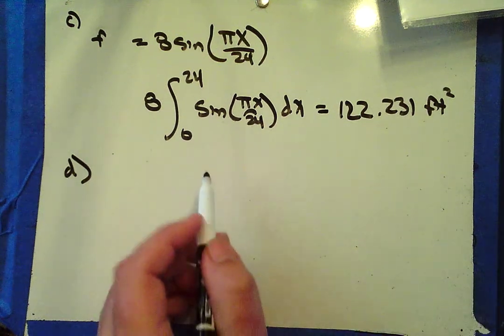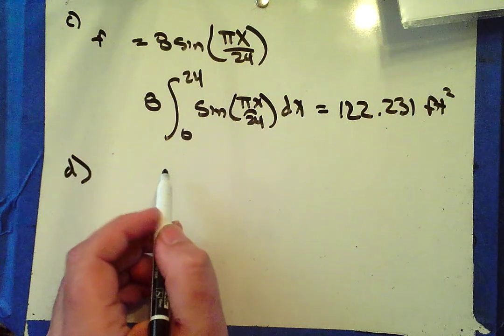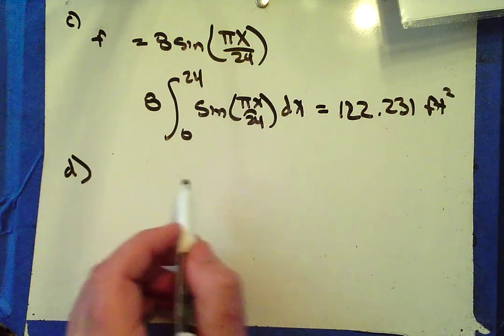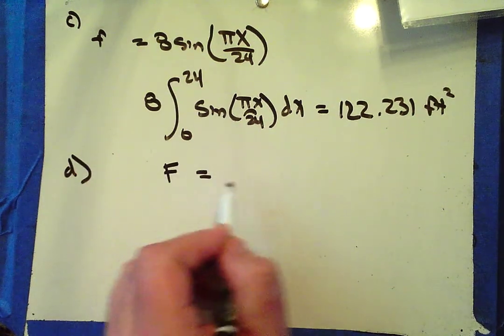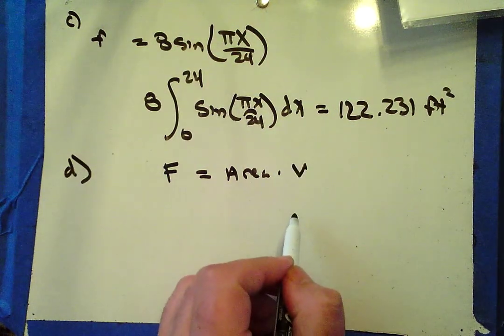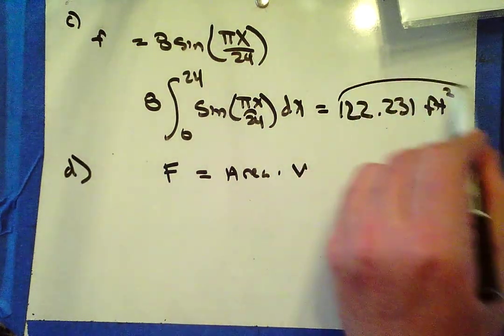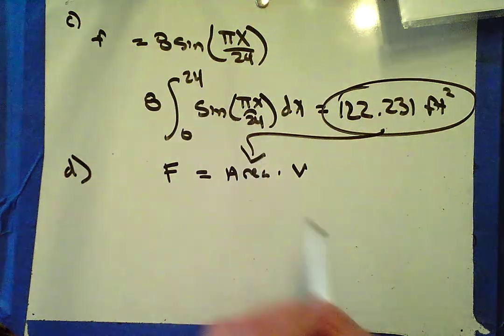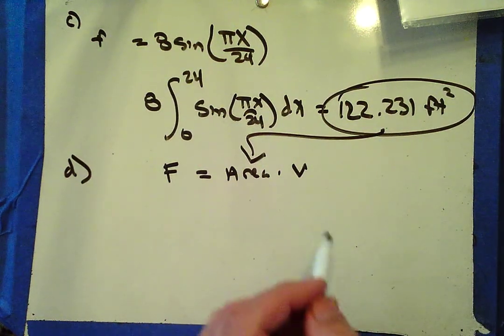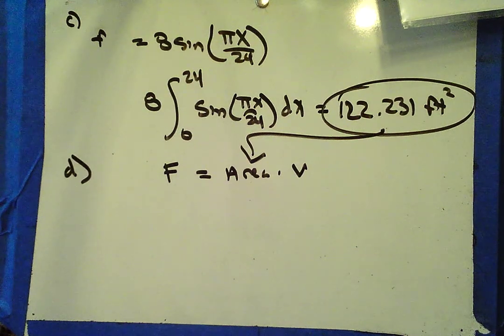Okay, so I'm taking that answer. I'm thinking about flow as the area times velocity, and we just found what the actual area is, not an approximation for area. So I'm going to use this number now, and we're still using the same v function, I believe. Yes.